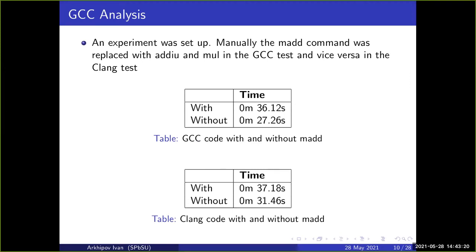And after this, we put the madd command in the Clang code instead of multiplication and addition commands, and it works slower. Wow, it's very interesting, and I think this may be a topic for further research. But we continue.